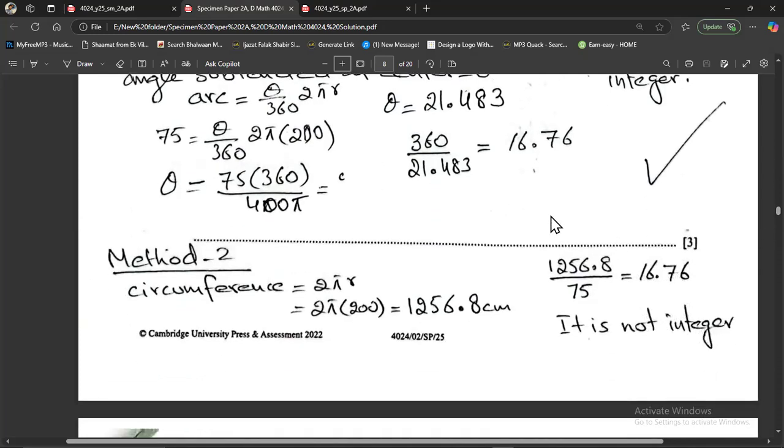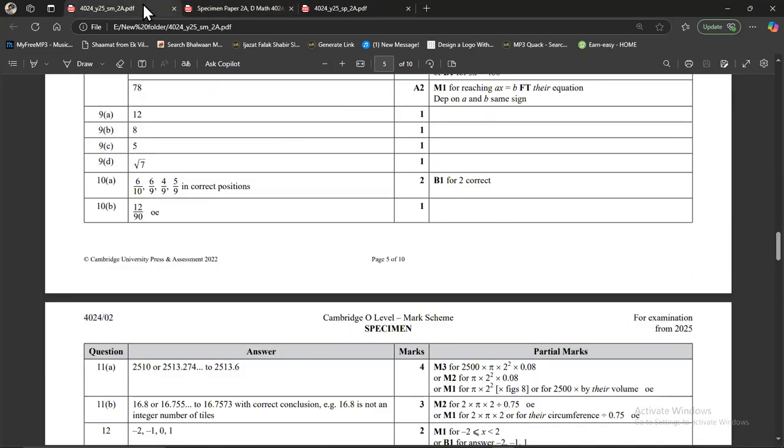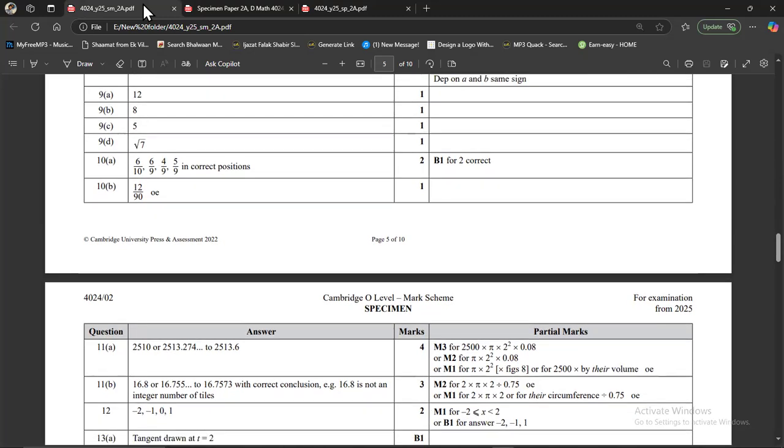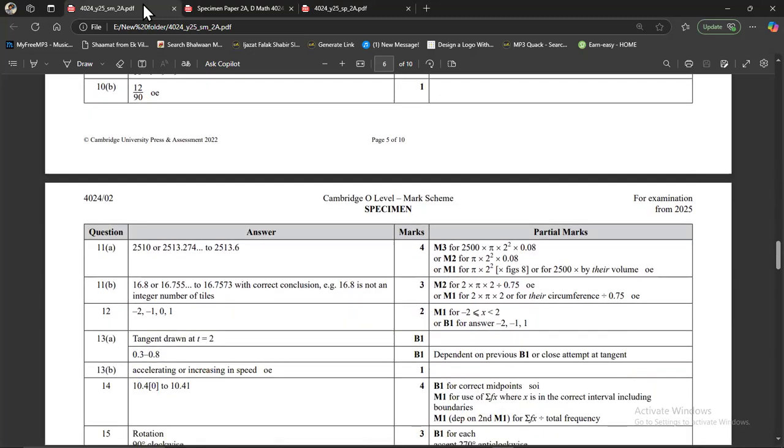You find the circumference of this circle, that is 2 pi r. So 2 multiply pi multiply 200, that is 1256.8 centimeter, divided by the arc length, that's 75, and you get 16.76, which is not an integer. That's why the tiles do not fit exactly. So you have to break some tile. The meaning of this is that at the end you have to break a tile.